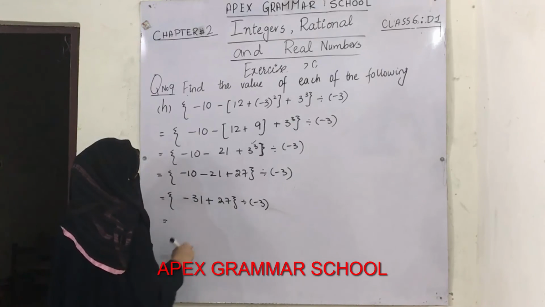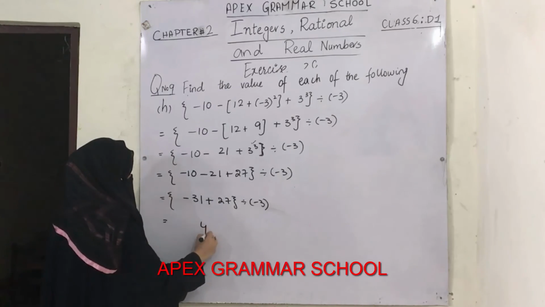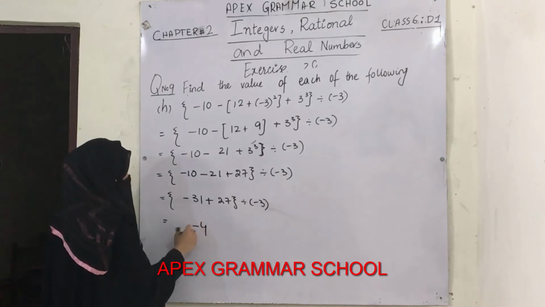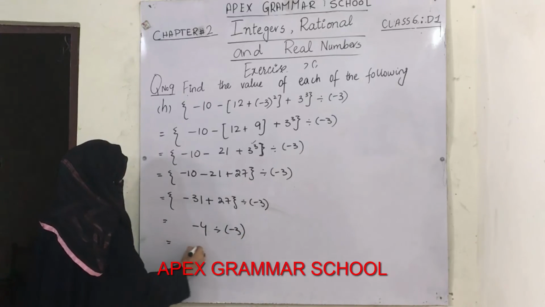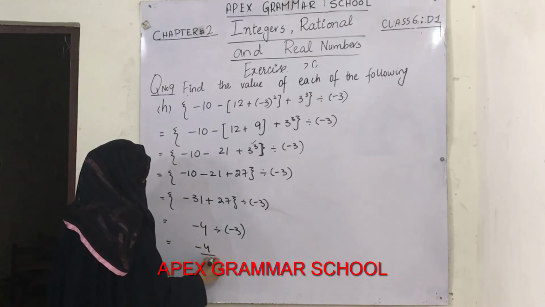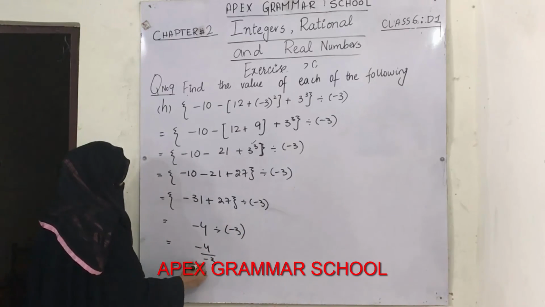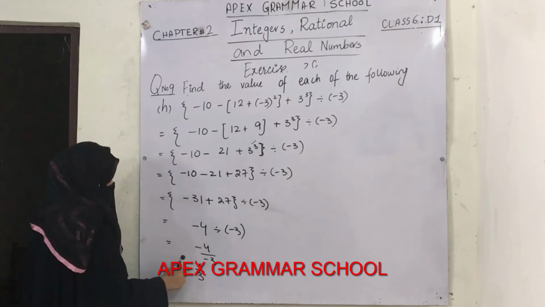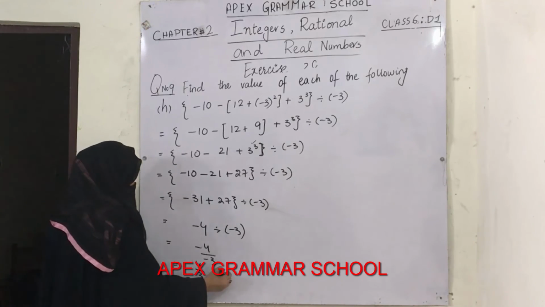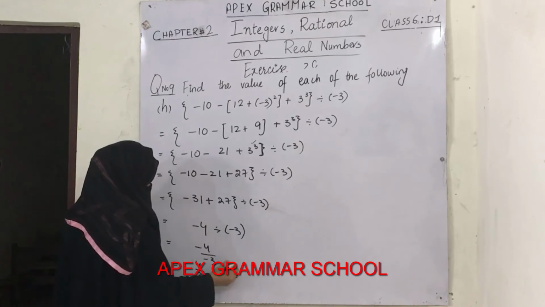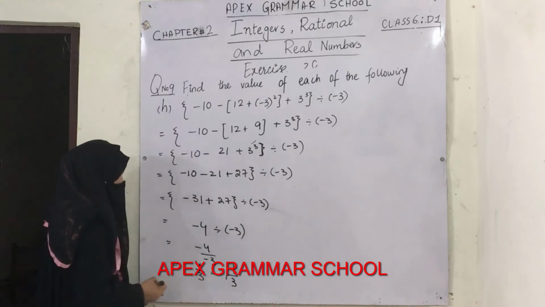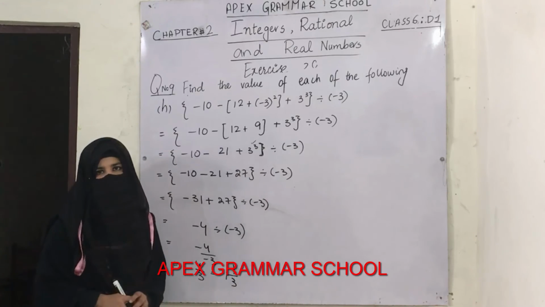So 31 minus 27 is 4 and the sign of greater value, which is negative, will come, divided by minus 3. So I am going to write it as minus 4 by minus 3. Minus minus is plus, so 4 by 3. As you can see, that is an improper fraction, and after division you will get your mixed fraction, which is 1 whole 1 by 3, and that is your final answer.